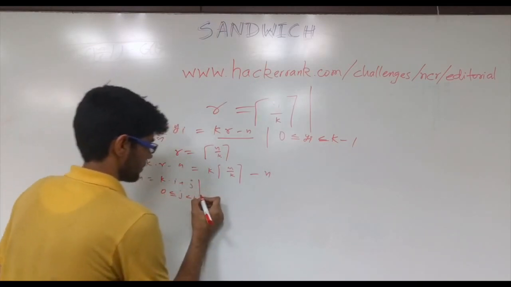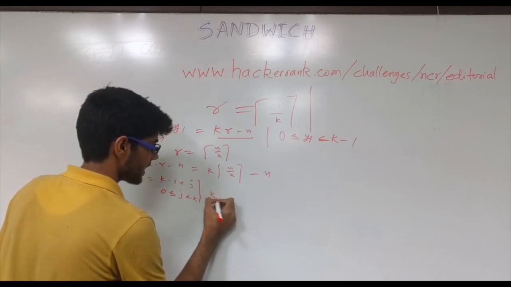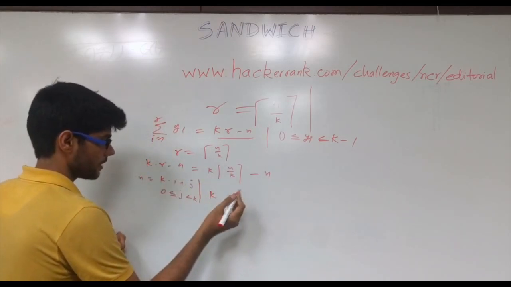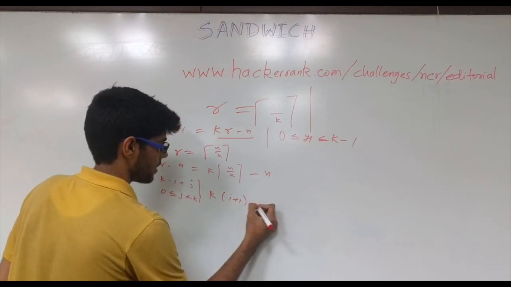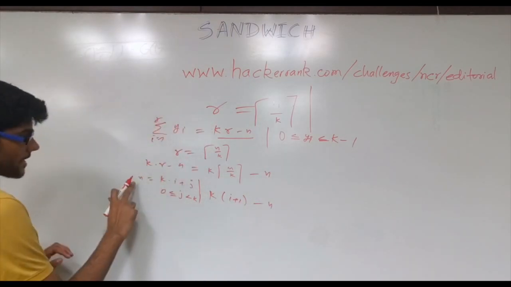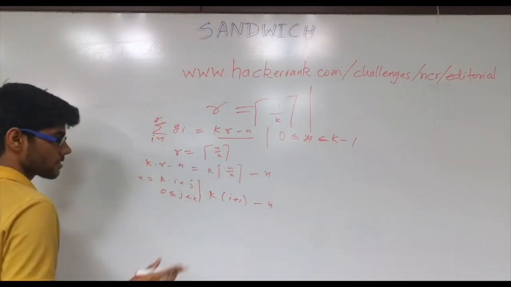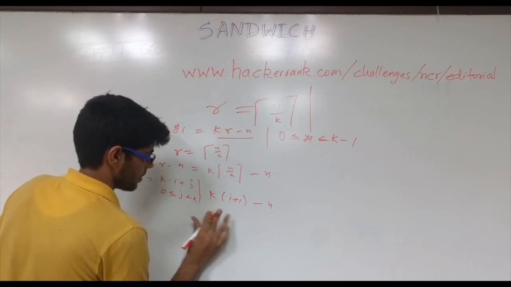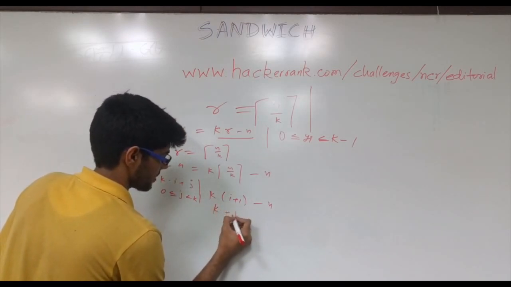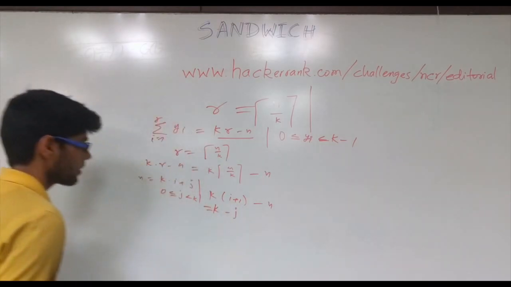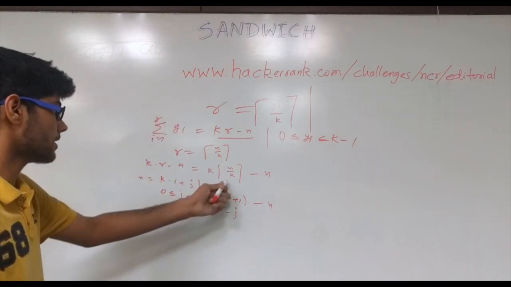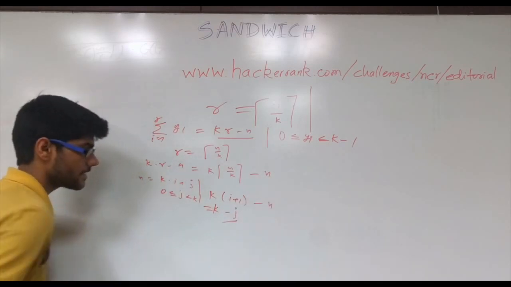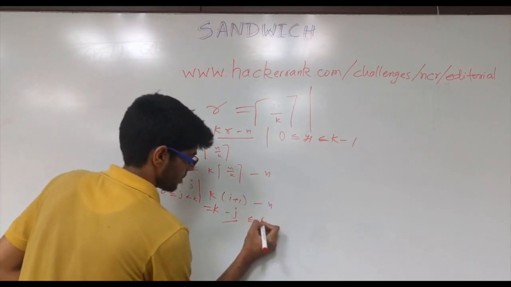The right hand side is equal to, the ceil would be equal to i plus 1, so k times (i plus 1) minus n, and n equals k times i plus j. So this would be equal to k minus j. We already said that if j equals 0, then we were done. So when j is not equal to 0, the right hand side would be less than or equal to k minus 1.